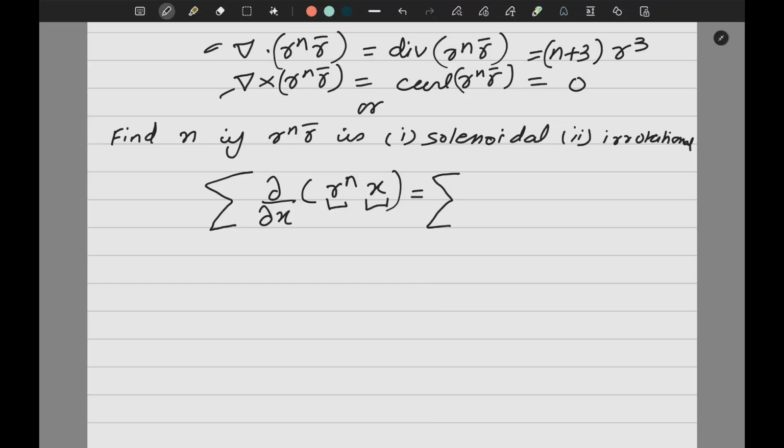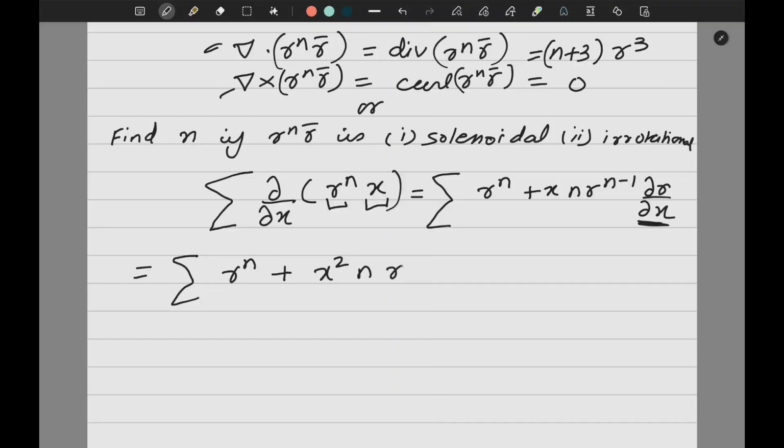You have to apply the product rule. Differentiation of x is 1, so r to the power n plus x n r to the power n minus 1 ∂r/∂x. So this is equal to summation of r to the power n plus, since ∂r/∂x is x by r, x square n r to the power n minus 2. Correct?